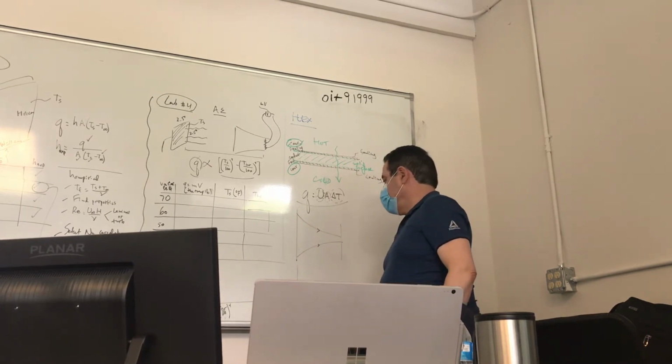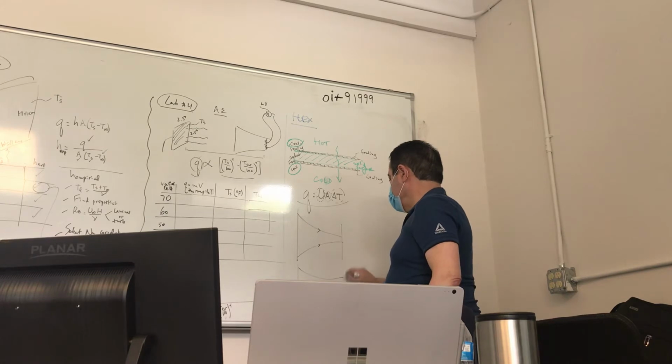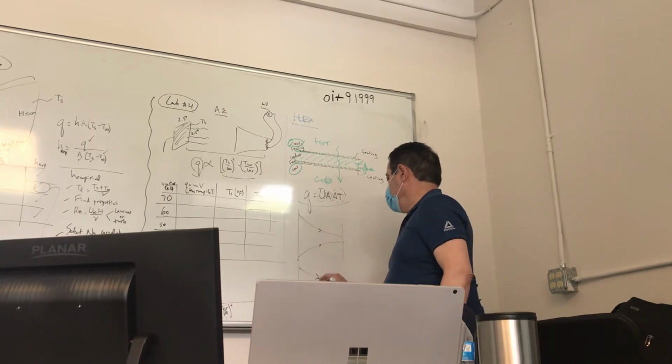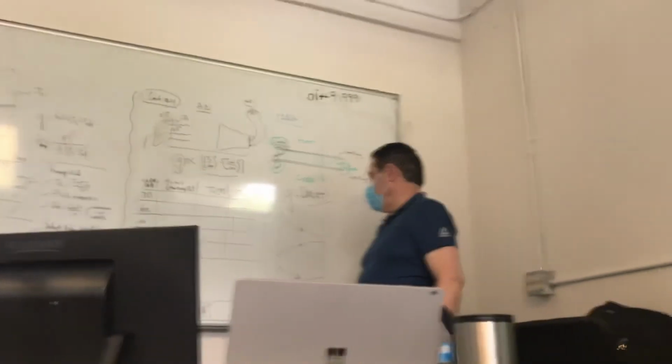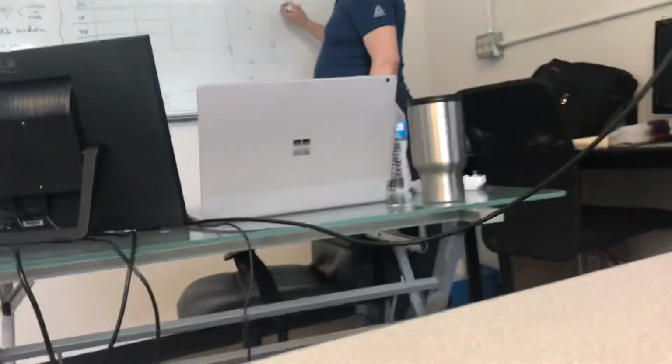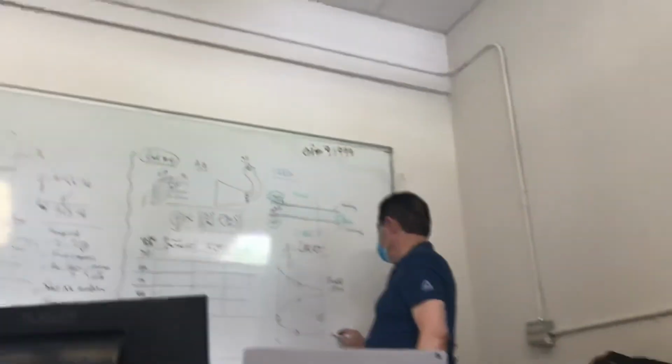But if it is counterflow, my temperatures are doing this, right? So this is at section 1, this is at section 2, this is at section 1, and this is at section 2. This is for parallel flow. This is for counterflow.